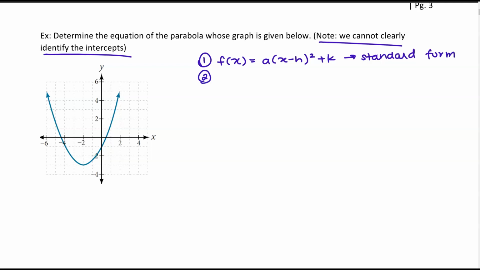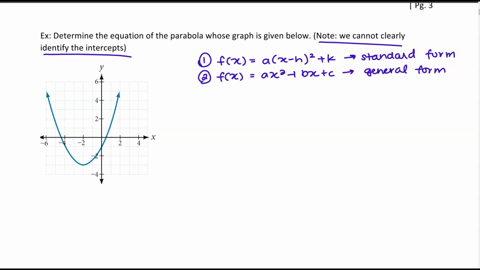And two, we have f of x equals ax squared plus bx plus c, which is our general form. And notice the standard form is also often mentioned as the vertex form.